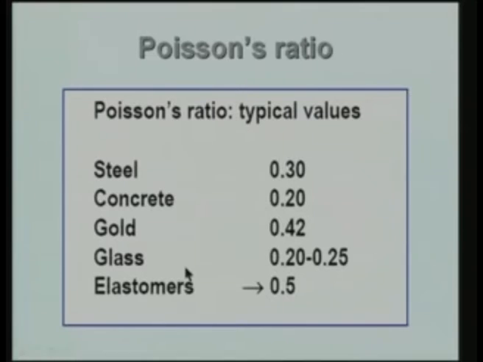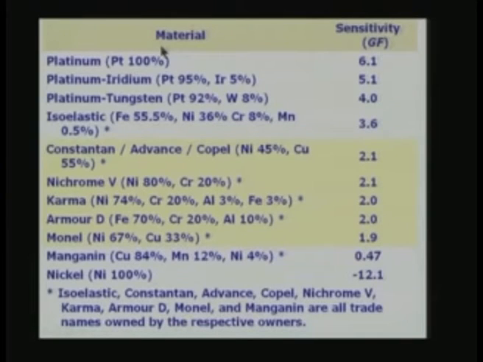The Poisson ratio for steels is typically 0.3, concrete 0.2, gold 0.42, which is closer to 0.5, glasses between 0.2 and 0.25, and some elastomers have 0.5. There are some materials which even have negative Poisson ratio, but let us not worry about those here.